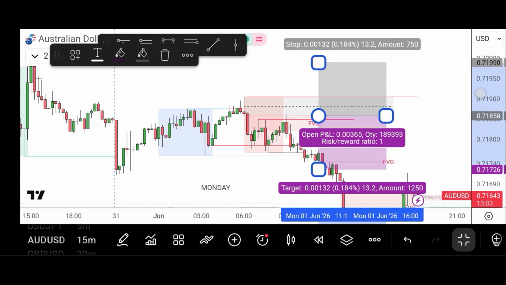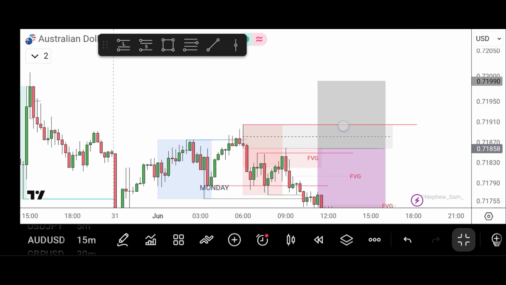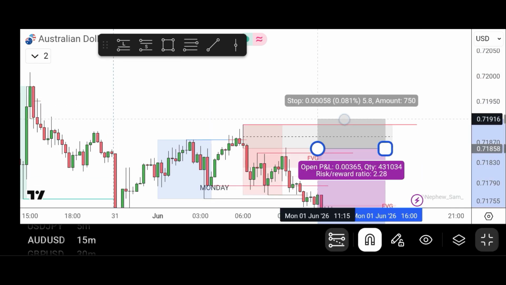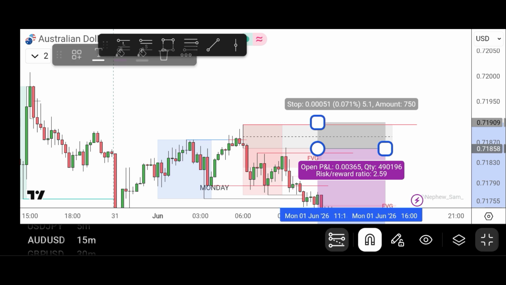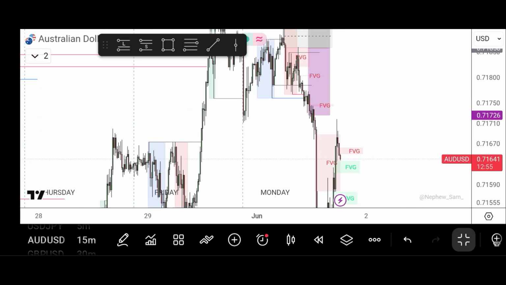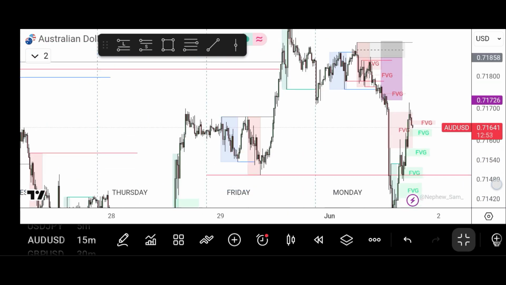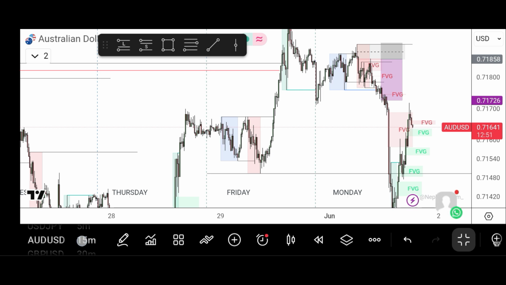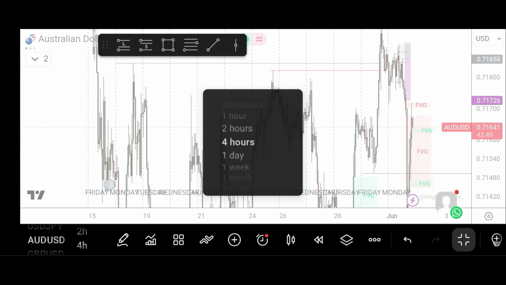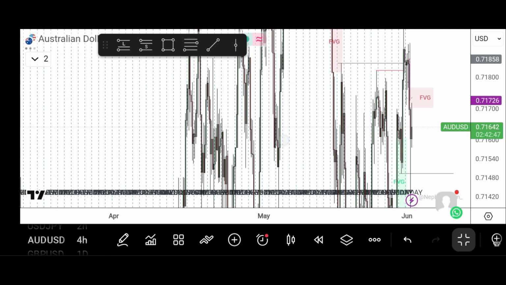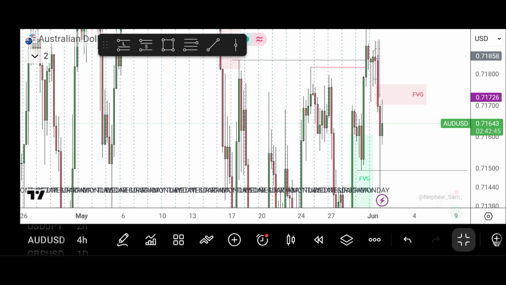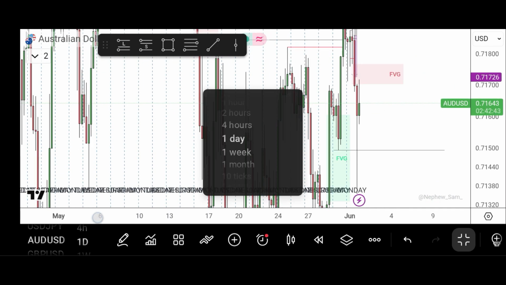I put my sell limit there, my stop loss a little bit above the high, and to take my TP, I went straight down to the low from the daily.